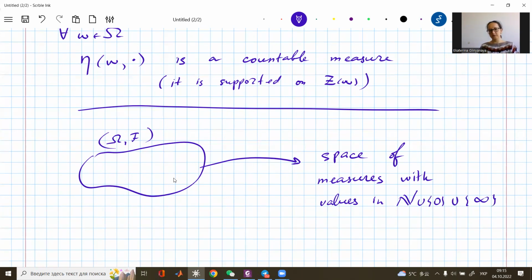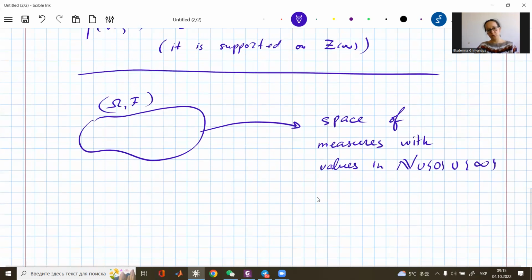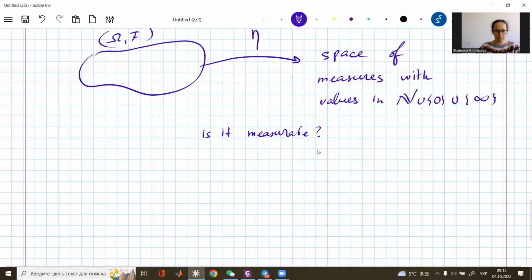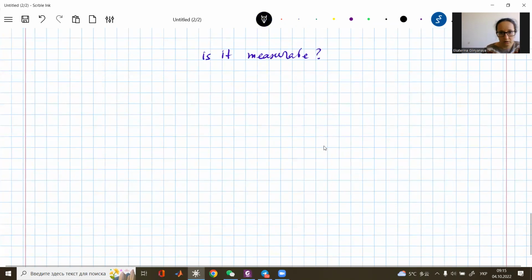So now let us define more precisely what is the space of such measures and how we can define the measurable structure on the space of measures in order to understand whether this mapping is measurable or not. So let us give at first a definition of the space of measures that we will consider.